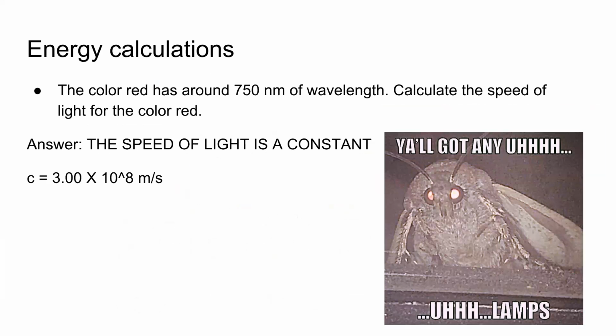Actually, this is a trick question, because all light travels at the speed of light, which is 3 times 10 to the power of 8 meters per second. It's just a literal question asking for a literal answer. If I ask for the frequency, then that's a different story. But moving on.